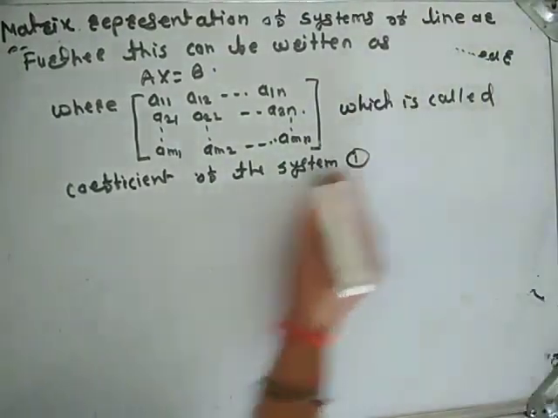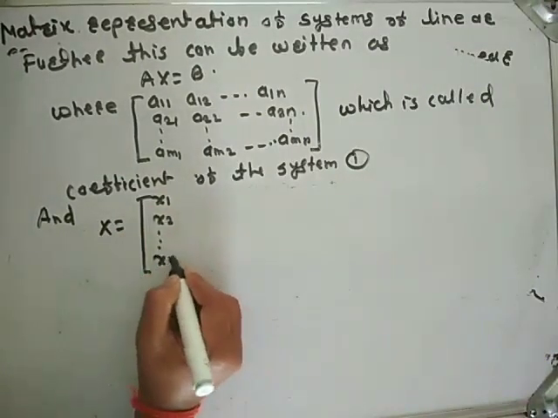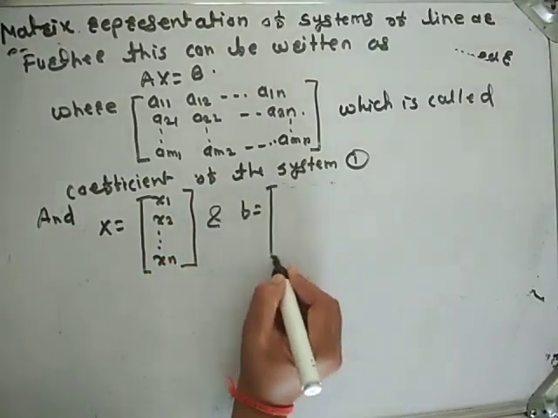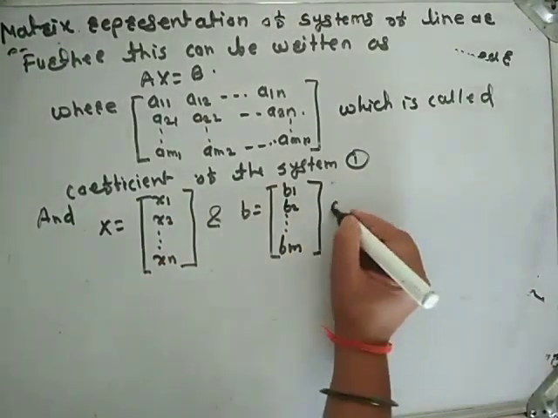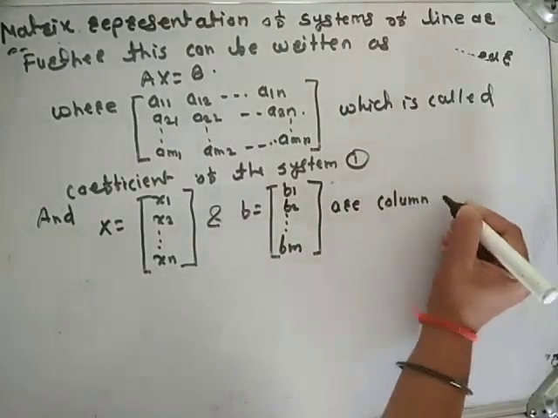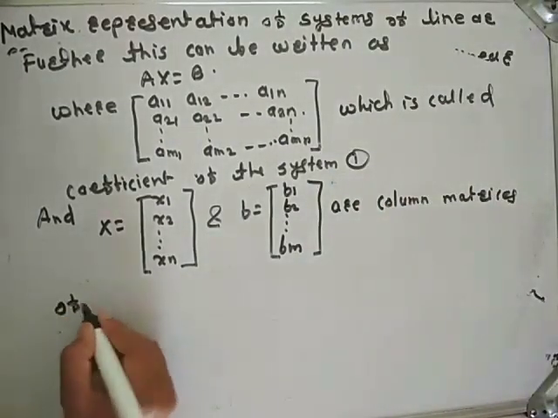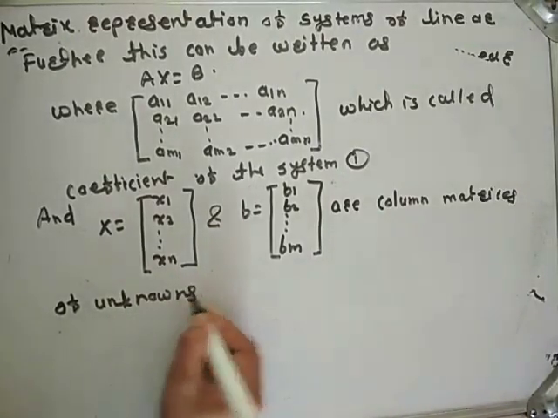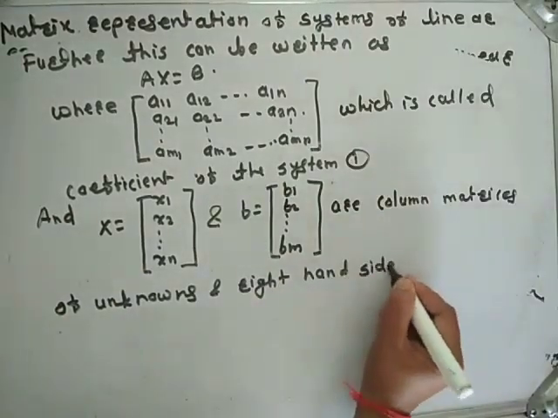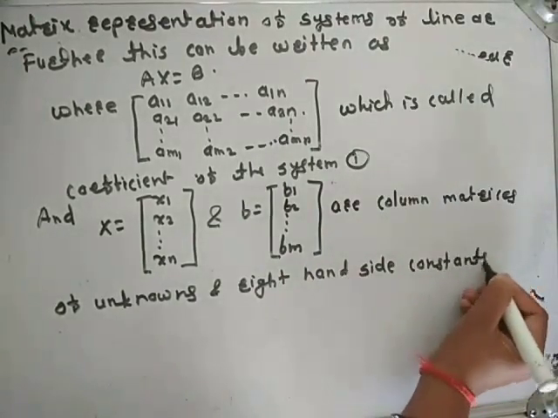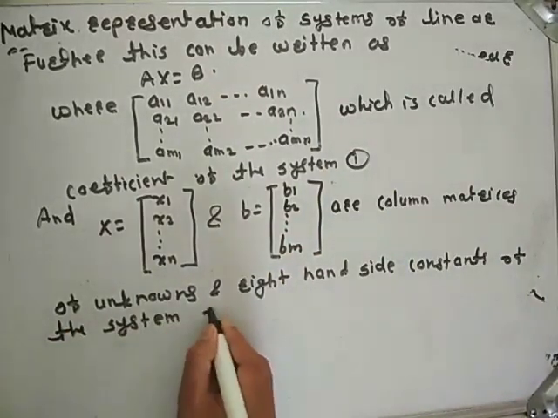And X is equals to matrix x1, x2 and so on up to xn, and B is equals to matrix b1, b2 and so on up to bm are column matrices of unknowns and right hand side constants of the system respectively.